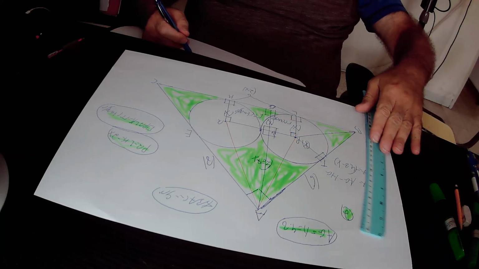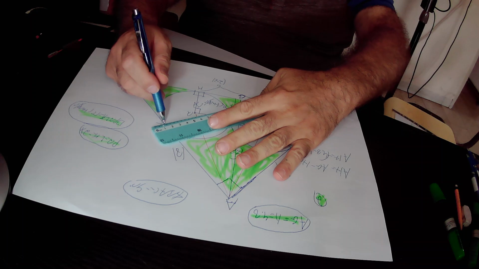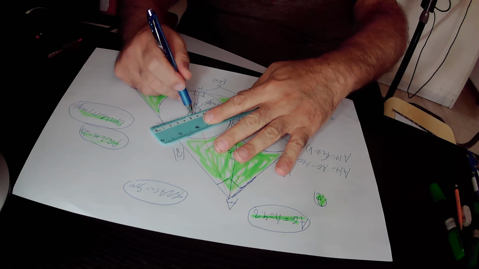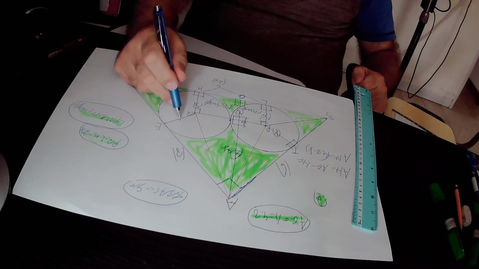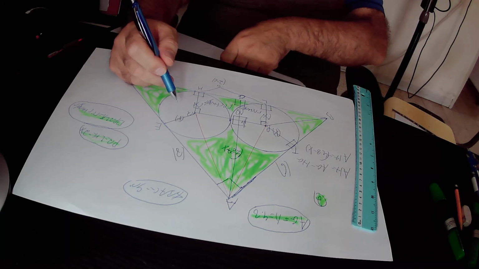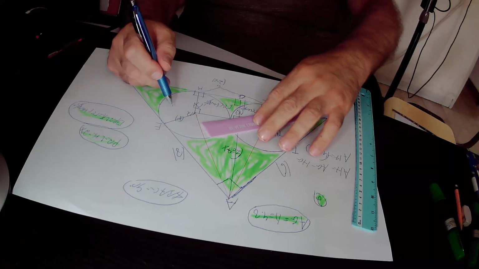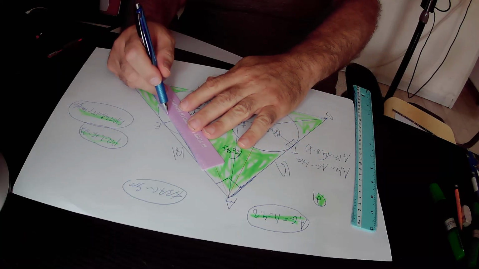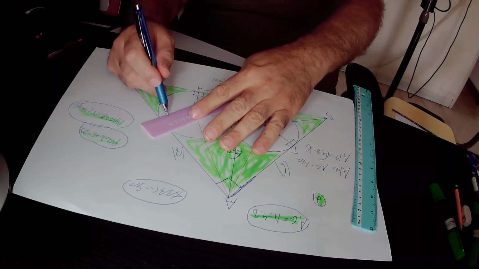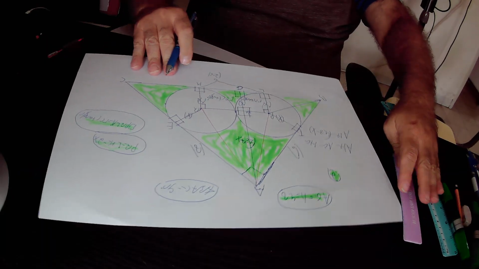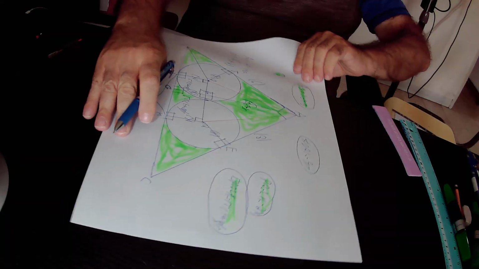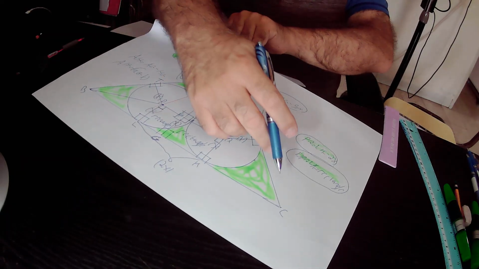We join points Q and E together by a straight line. QE is of course the radius of the circle that equals x. And according to rule 1, this angle equals 90 degrees, and this angle also equals 90 degrees. In the next step, we join points Q and C together by a straight line.